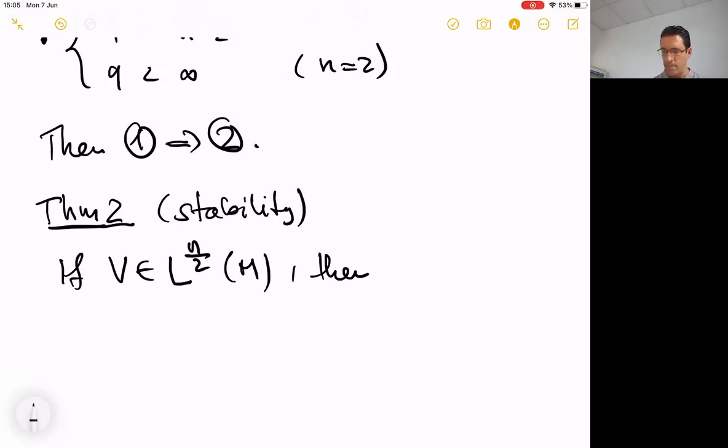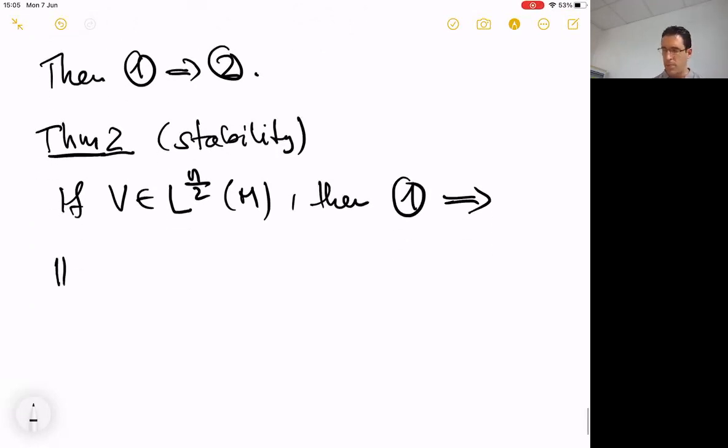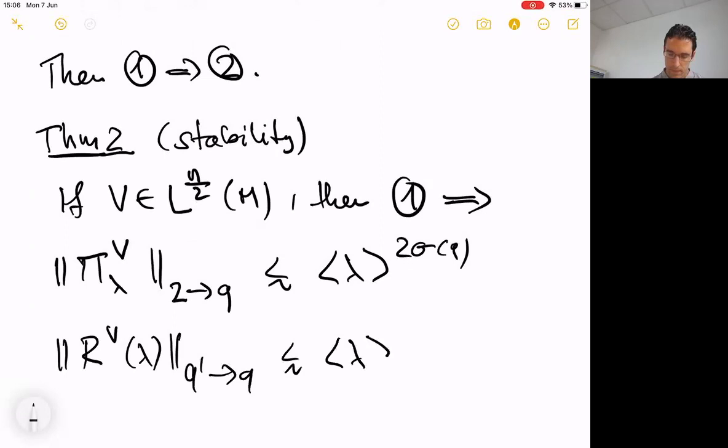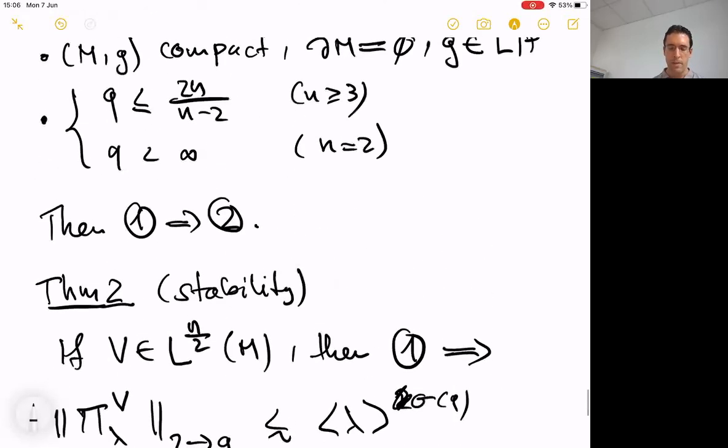Okay, then the spectral cluster bound for the free operator, not for the perturbed operator, actually implies spectral cluster and resolvent bounds for the perturbed operator, in the same range of Qs as above.